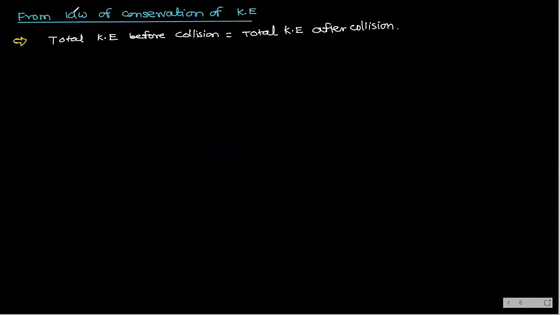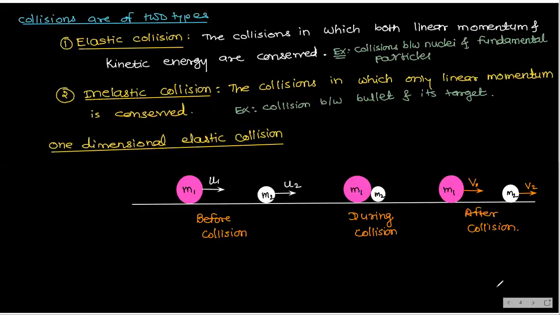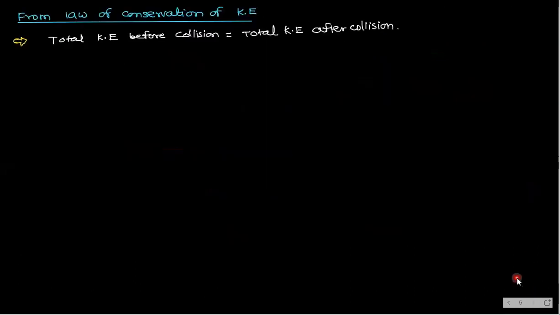See here. Total kinetic energy before collision should be equal to total kinetic energy after collision. So see now, what is initial kinetic energy? Let's go back to the diagram. Half m1 u1 square plus half m2 u2 square. This is the initial kinetic energy. After collision, half m1 v1 square plus half m2 v2 square.